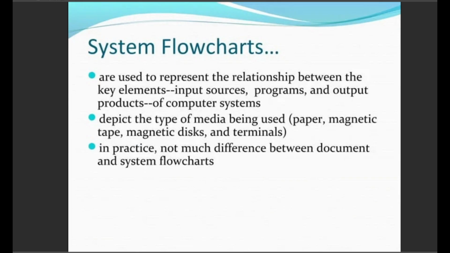Okay, so the system flowchart is used to represent the relationship between the key elements: the input sources, the programs, and output products of computer systems. So we'll be focusing only on computer systems, unlike the document flowchart that is good for illustrating manual operations for each entity or each person involved in the usage of a system or inside the system.